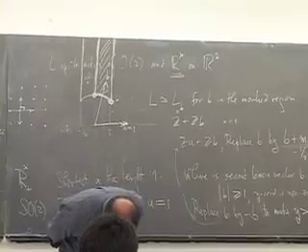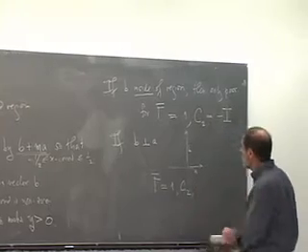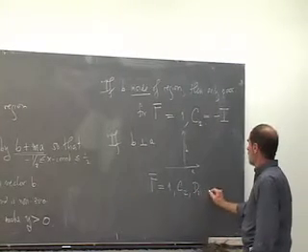Or it could be a subgroup of D4, it could be one of the reflections and not have that rotation in it, so it could be D2 or D4.